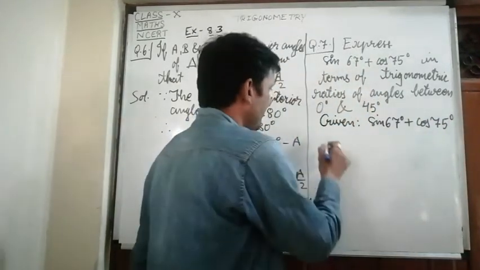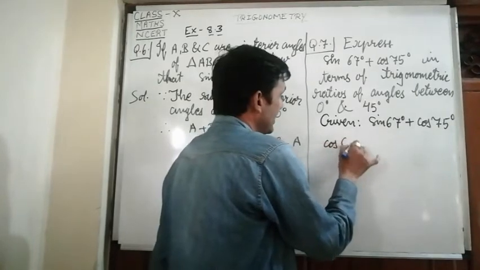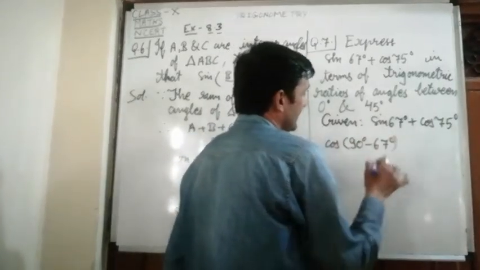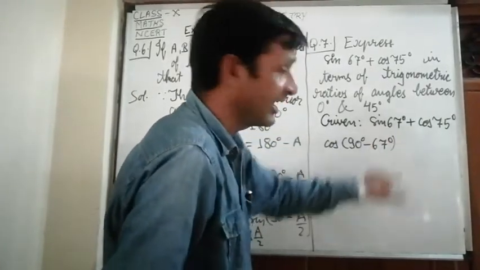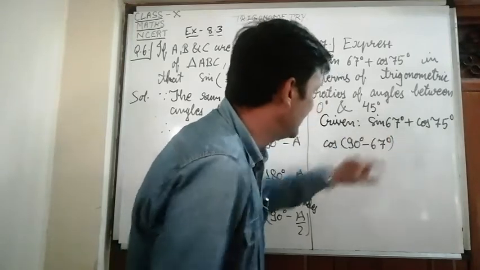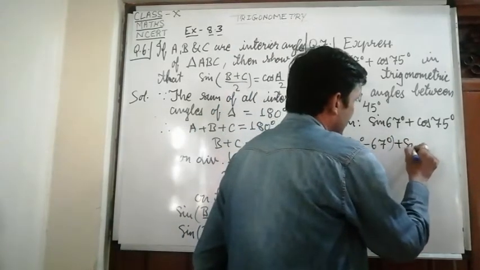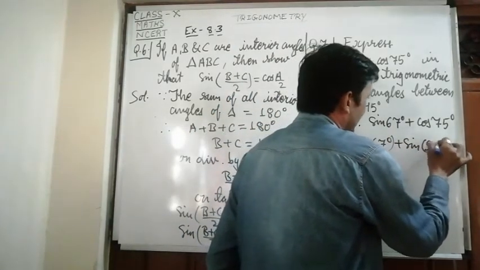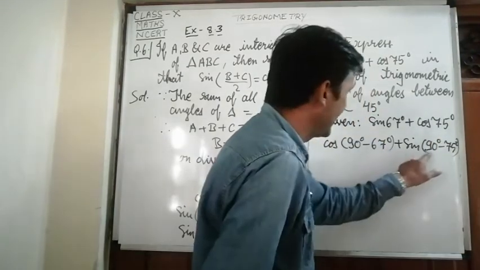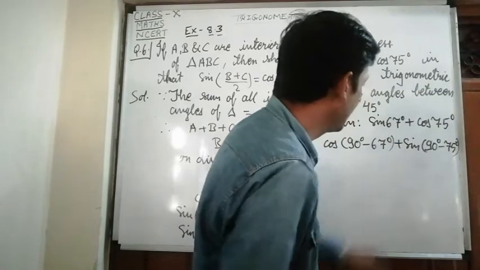which may be written as, sine 67 we may write cos (90 minus 67). Cos (90 minus theta) is sin theta. And now here, sin (90 minus theta) is equal to cos theta.